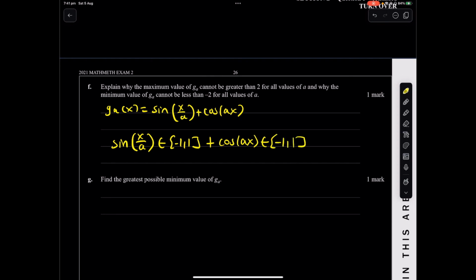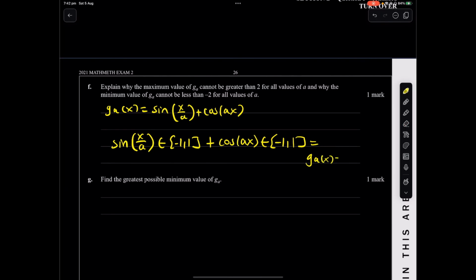So the addition of both of them, g_a(x), is an element of negative 2 to 2. Is that how I would say it?